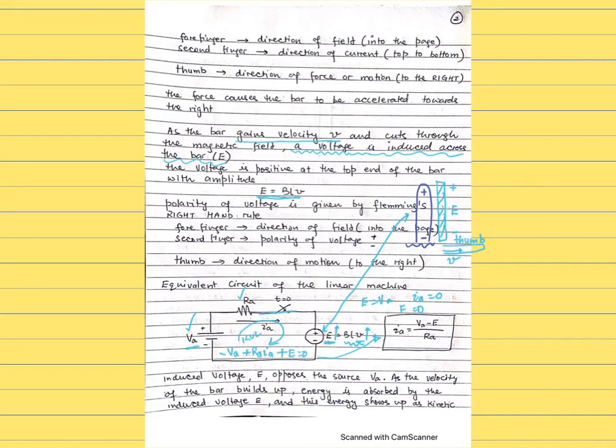The bar will keep coasting since there's no friction, as we're assuming an ideal machine, at a velocity at which E becomes equal to VA, but there will not be any further increase in the force or the speed of the bar.